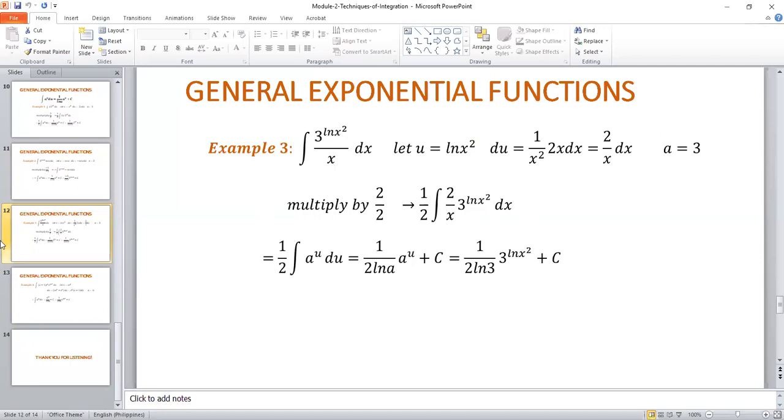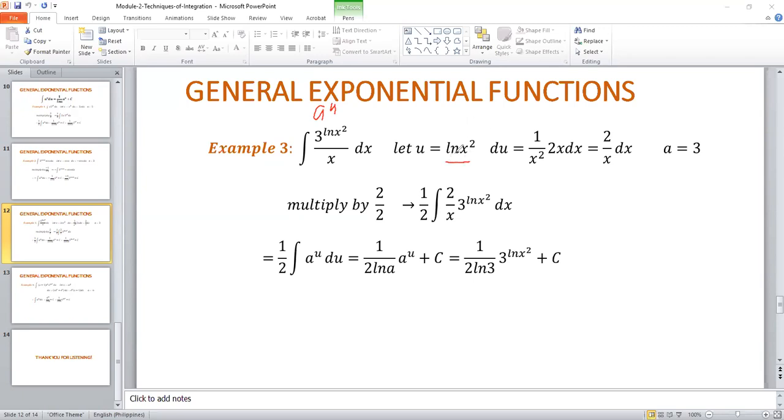Now, the integral of 3 raised to ln of x squared dx over x. If this one is your a raised to u, your u must be ln of x squared.